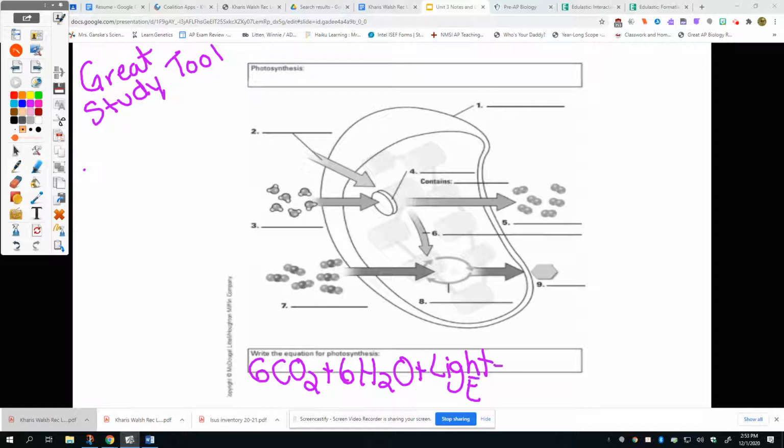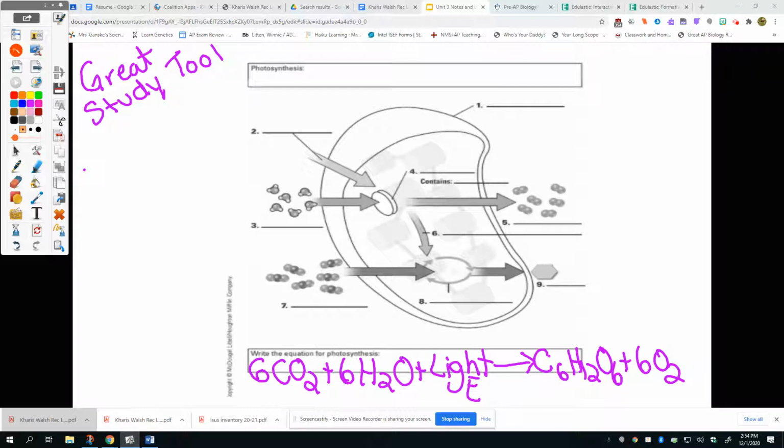Now, this light energy can be written above the arrow or as part of the reactants. Either way is fine. And we produce C6H12O6, which is glucose, and 6 oxygen molecules. So there's our equation. Know the equation. You will have to know the equation on the quiz, but memorize this equation because it makes things so much easier, and I'll show you more about that in just a second.